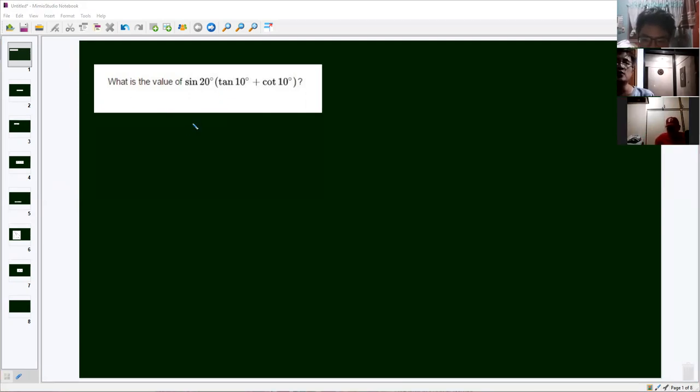So, first sine 20. Mamaya na yan. Tan 10, you know, is cosine, cotangent 10 is cos 10 over sine 10. So, inuna ko to dahil nasulat ko na. Tan 10 is sine 10 over cos 10.